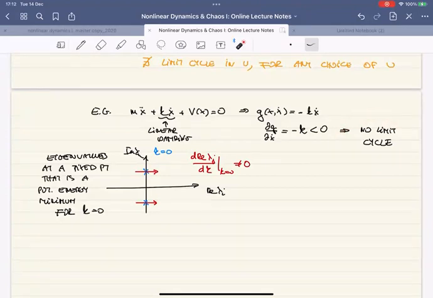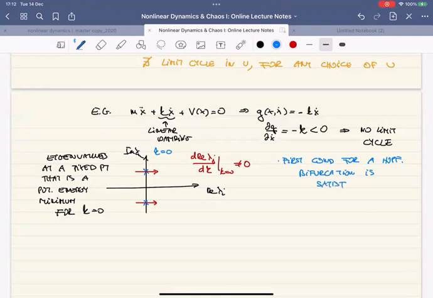Okay, so let me just note: the first condition is satisfied, yet we cannot have any limit cycle for k non-zero.